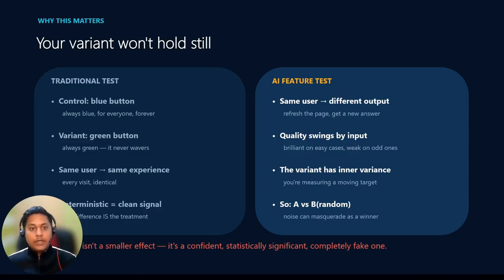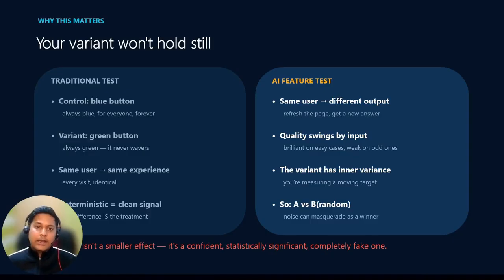That's what deterministic means, and it's why classic A/B testing works: the treatment never varies. Any difference you measure between the groups is the treatment. The math gets to assume the only thing separating those groups is your change.